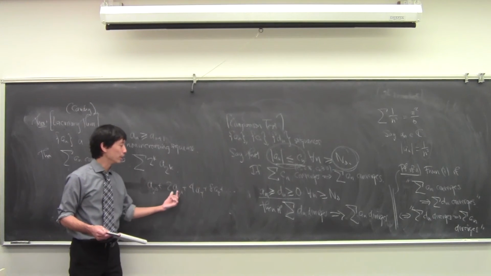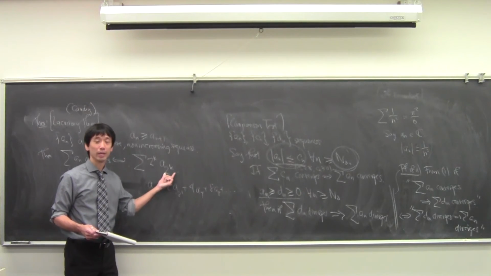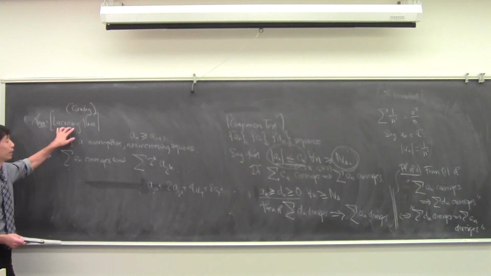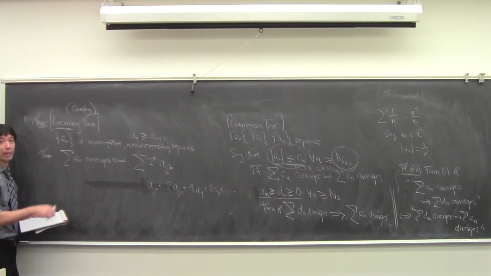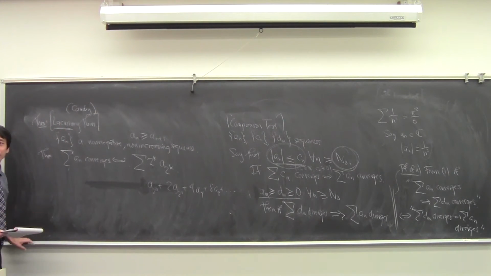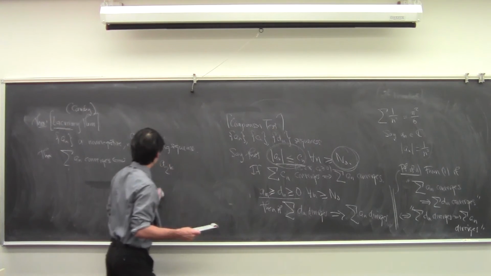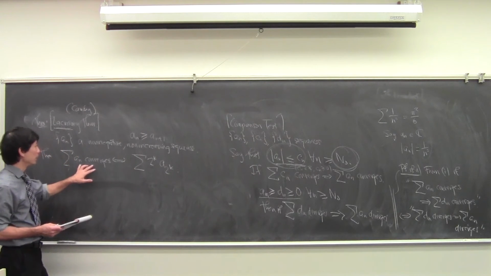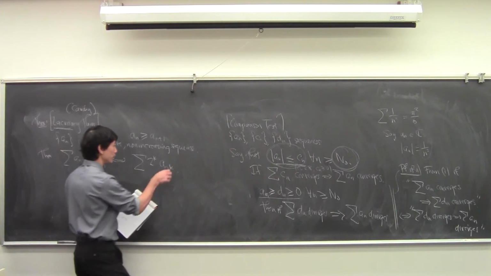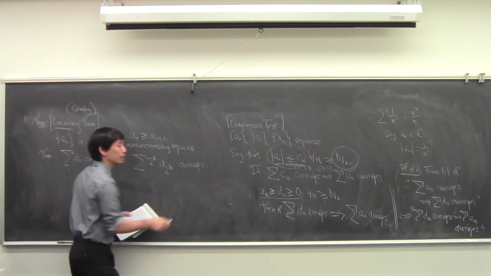You only need to know the terms that correspond to powers of 2. Okay, and that's why this is called a lacunary sequence, right? Because there are gaps. Lacuna, gap. Right? Okay, so the series converges if and only if this lacunary series converges.